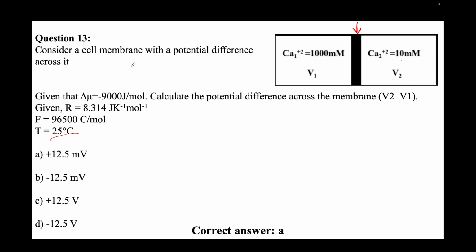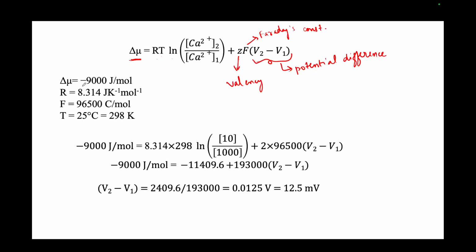So, delta mu is given as minus 9000 joules per mole, R is given, F is given, T is given. T is given in degree Celsius, but the unit of temperature in R is Kelvin. Whenever you are solving any equation, you have to make sure all the units are in the same format.